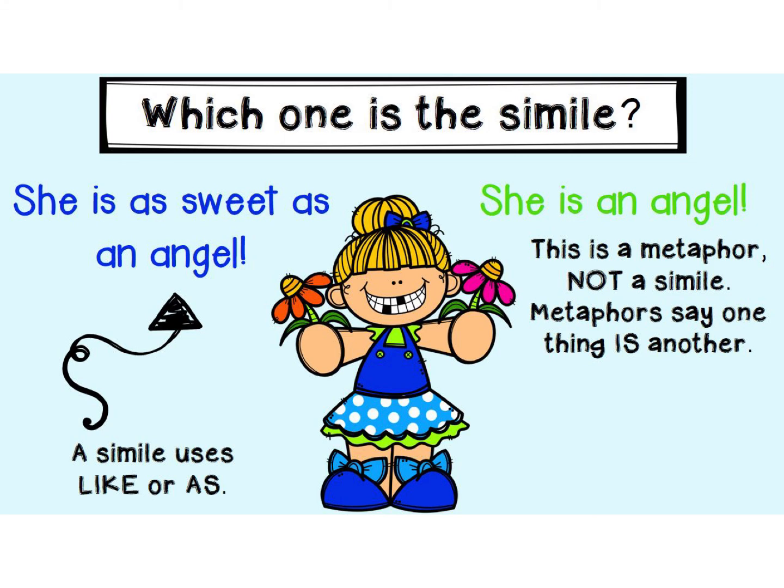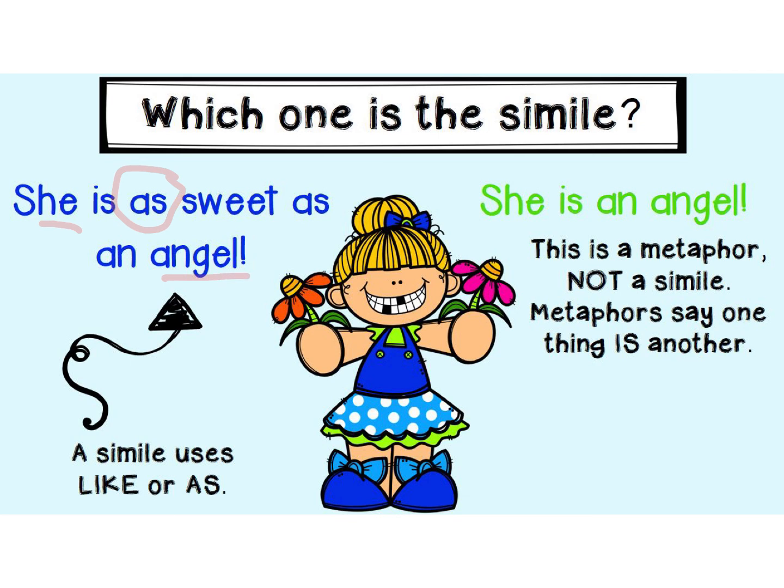Here's another one. We're going to decide which one of these sentences is the simile. The first one says, she is as sweet as an angel. And the other sentence is, she is an angel. Okay, so if I look at the first one, she is as sweet as an angel, we have as in it, and it is comparing she to an angel.